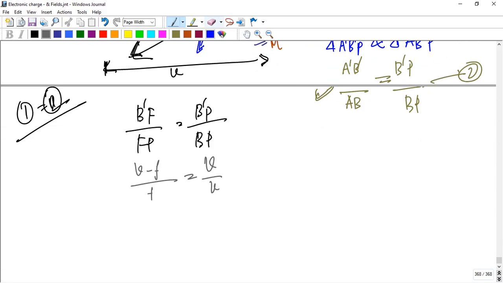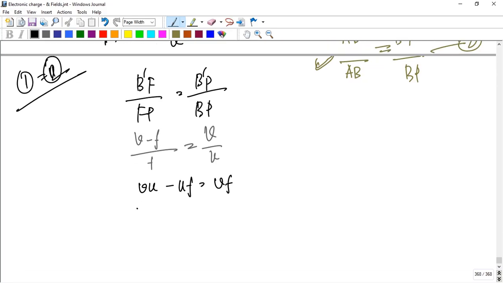Now cross multiply. So VU minus UF equals VF, and we divide by UVF on both sides. VU by UVF minus UF by UVF equals VF by UVF.